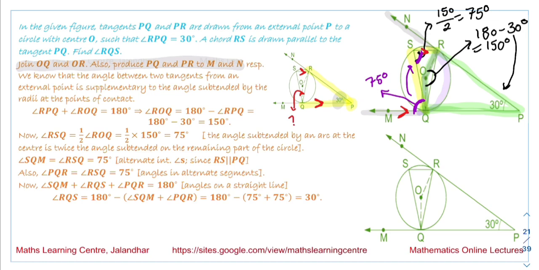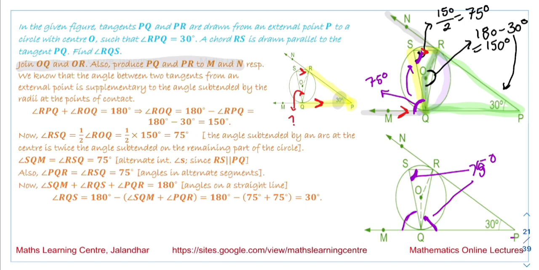And the next thing is that the angle at S, I am showing in the third figure, will be equal to the angle at Q. We are talking about angle PQR and angle RSQ. Both these angles will be equal, and each will be 75 degrees, because these are the angles in the alternate segment.